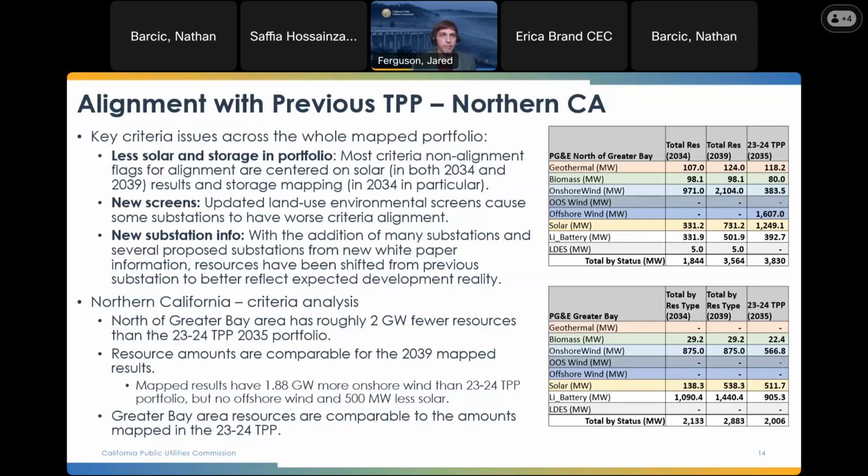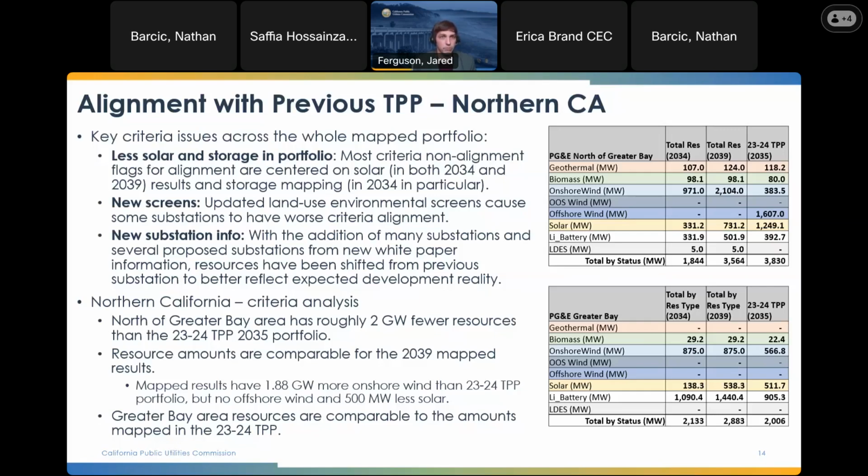So in the net analysis, you have a lot of substations where we either aren't mapping solar in this portfolio or are mapping less solar than was mapped previously, particularly in the 2034 portfolio, where there is roughly half as much solar as in the 2035 portfolio for the last TPP.